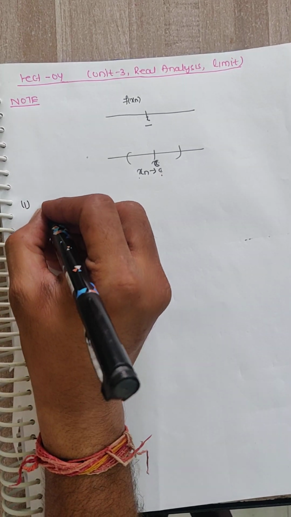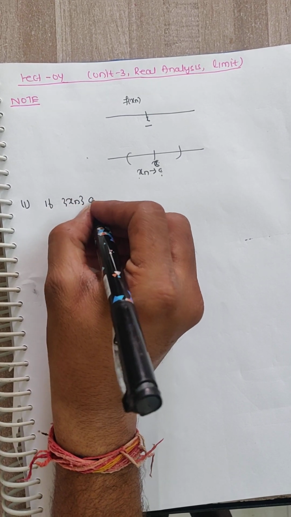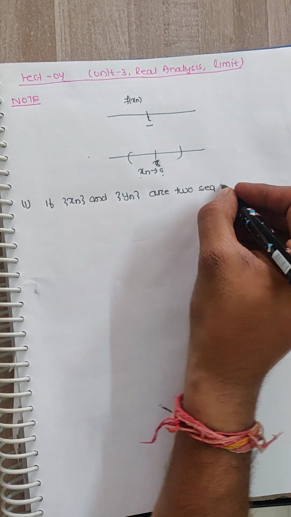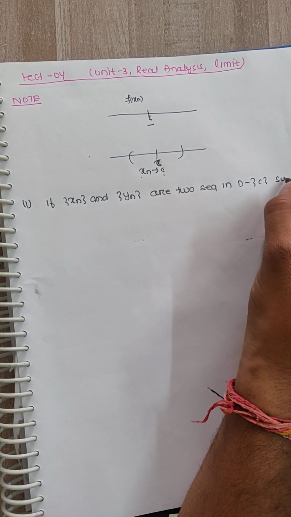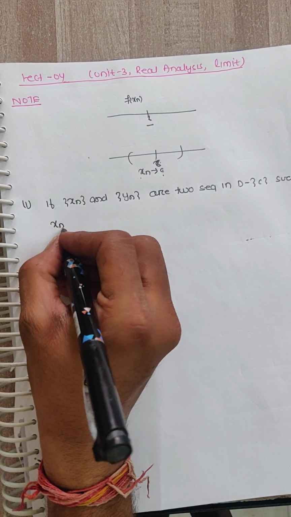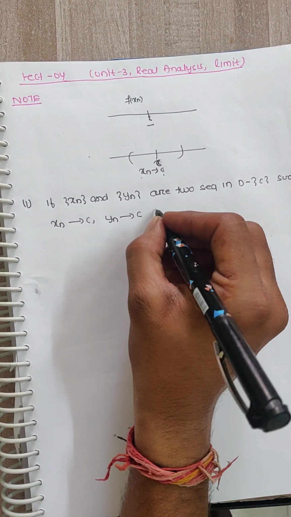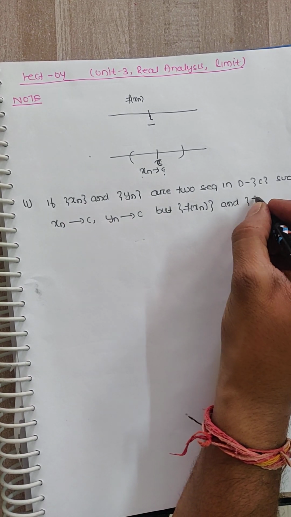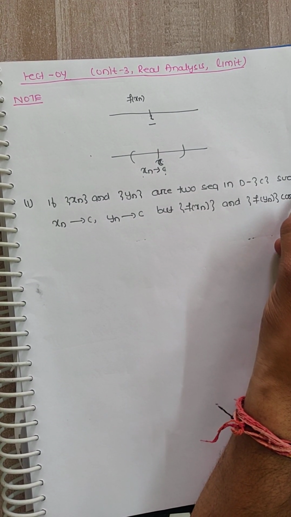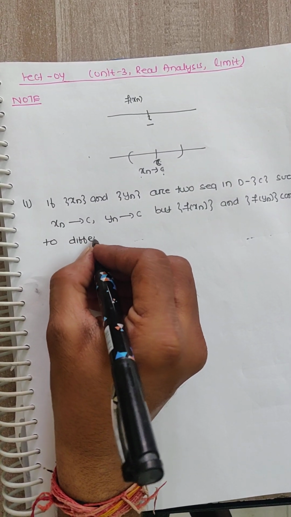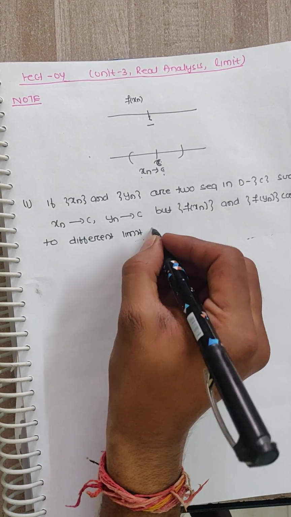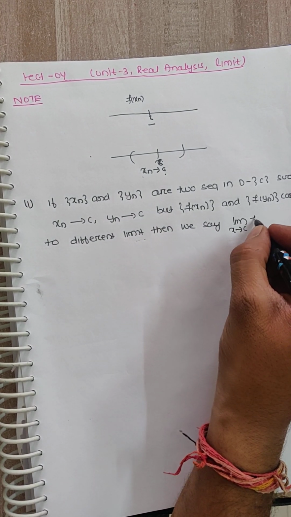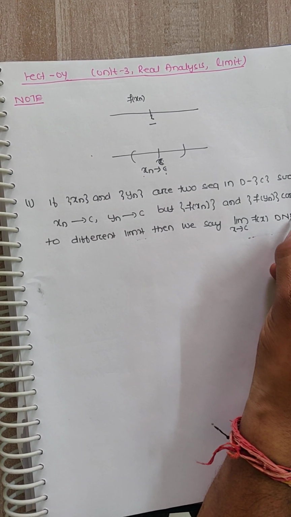The first point: if xn and yn are two sequences in D minus c such that xn and yn both converge to c, but f of xn, the image sequence, and f of yn converge to different limits, then we say the limit as x tends to c of f(x) does not exist.